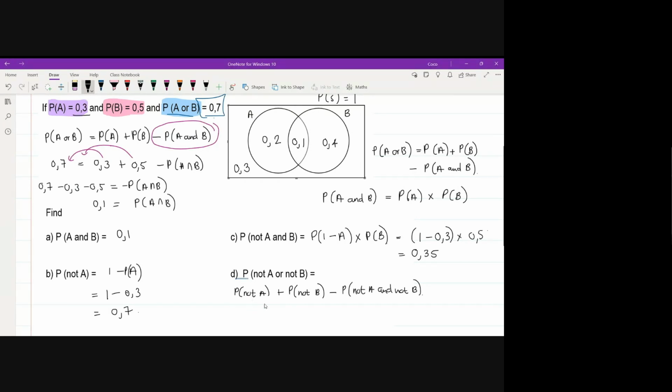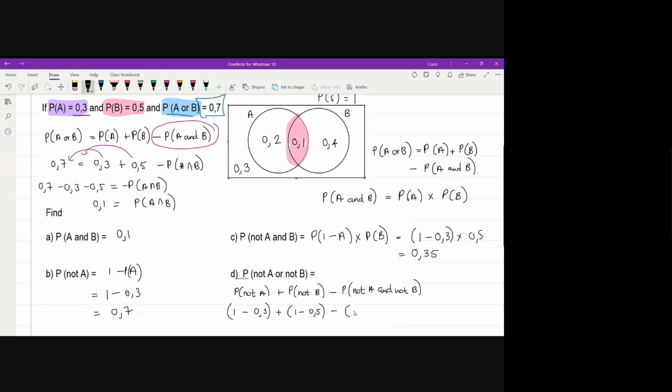So the probability of not A is going to be 1 minus A, which is 0.3, plus the probability of not B, which is going to be 1 minus 0.5. And all of this is going to be minus, now the probability of not A or B is going to be 1 minus that, because that is A or B, right?